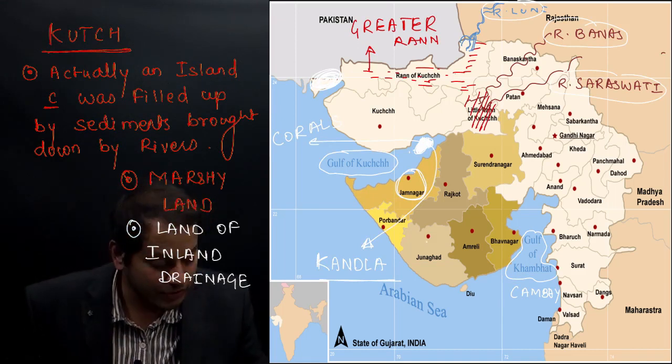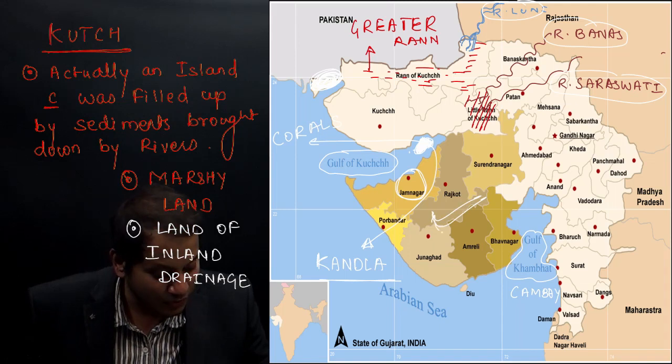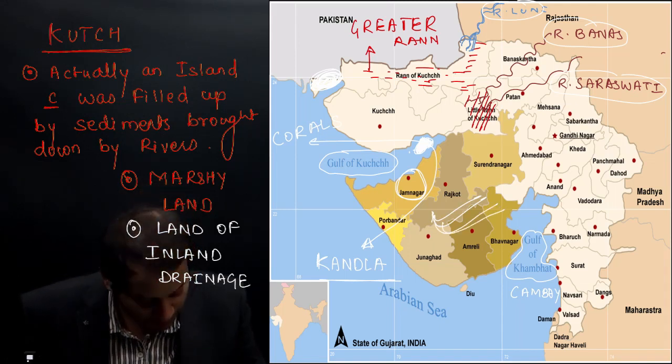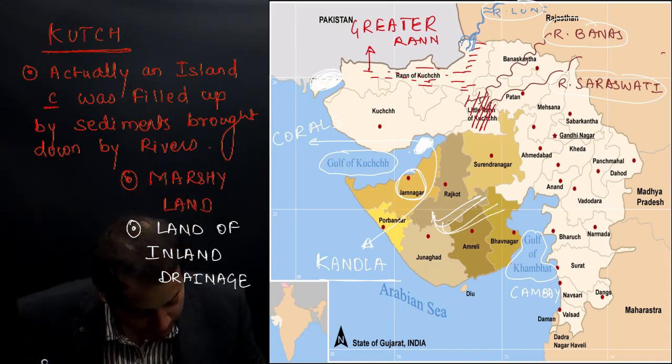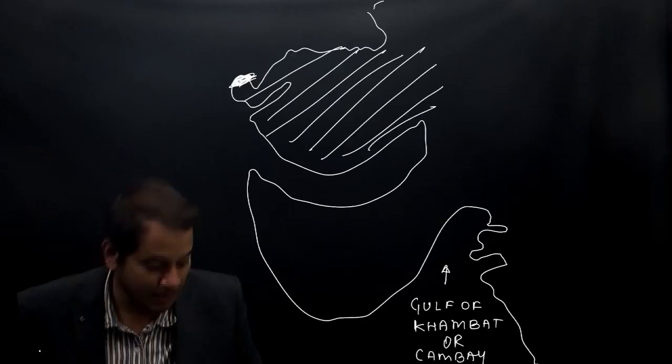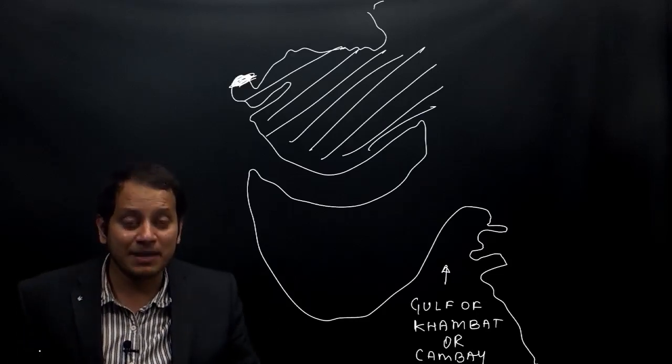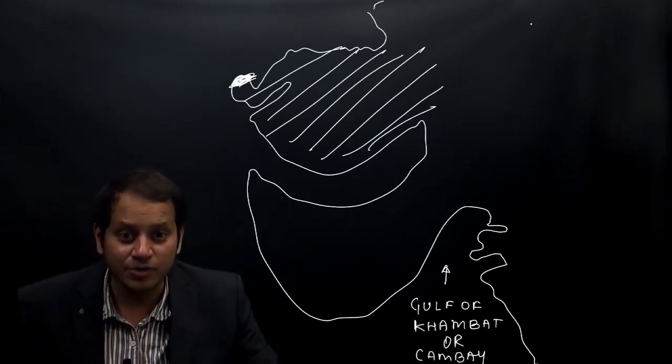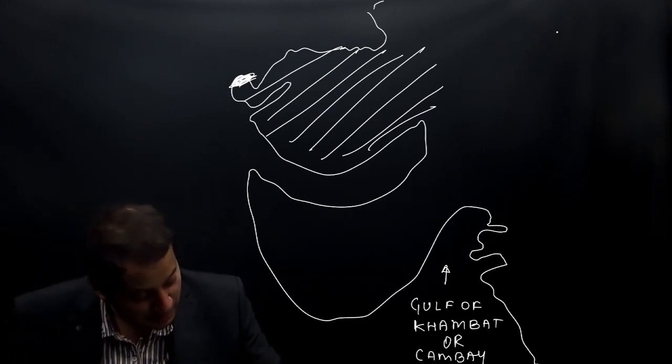Now we are going to study the next region, that is the Kathiawar region of Gujarat. So let us study with the help of the map. Remember the Kathiawar region, I will write here so that my face is also visible.